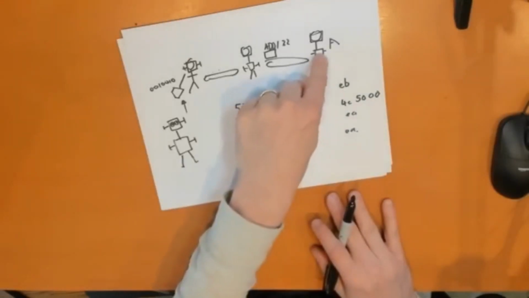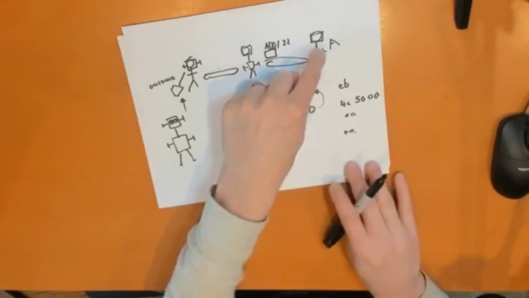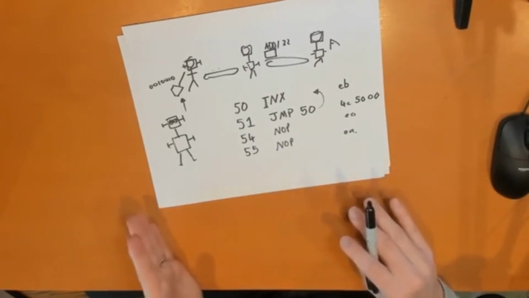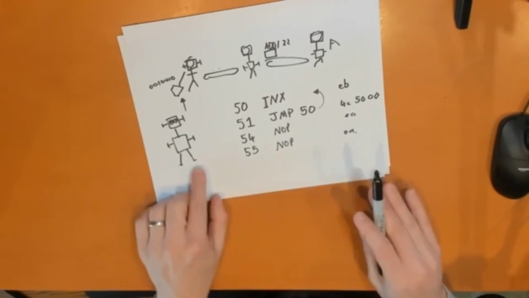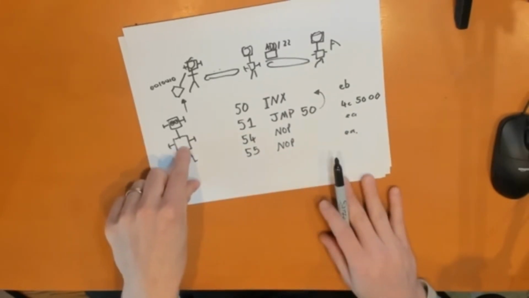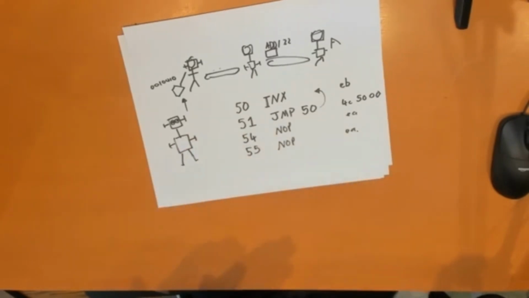So the first time this happens, the executing robot pulls the ripcord and says, wait, we're going the wrong way. I need to get back to address 50, please. He sends a message over to the predicting robot, and the predicting robot notes down, oh, interesting. Next time I fetch byte 53, I should actually then start back at 50, because that's what the executing robot has told me.